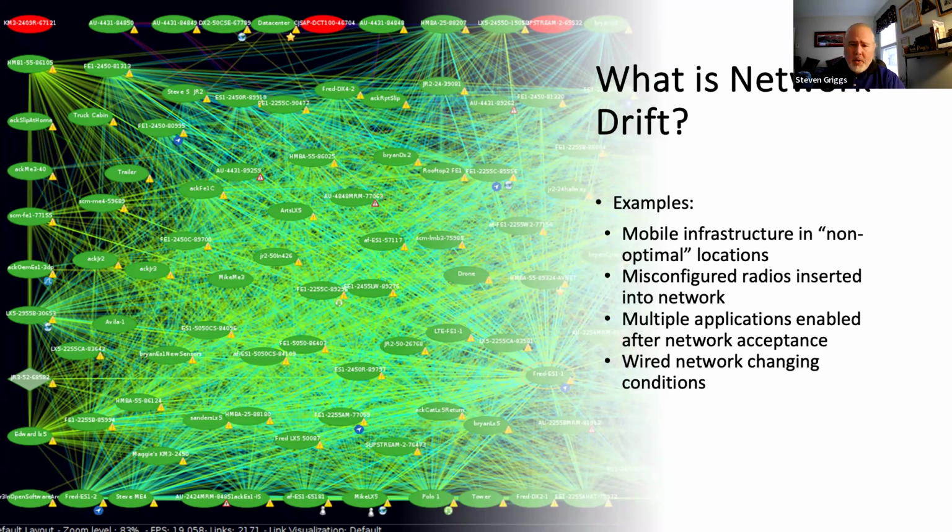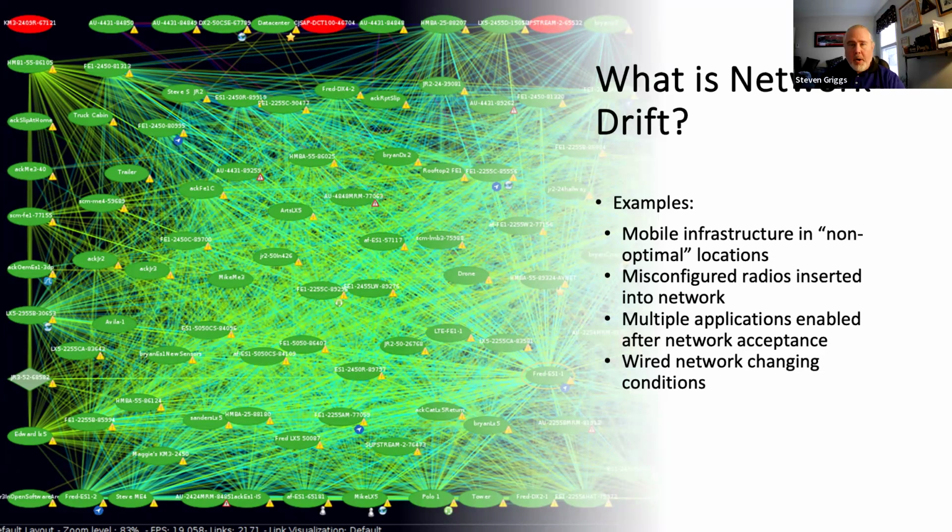But what is network drift? Your network is going to be impacted by mobile infrastructure movement and placement in non-optimal locations. You're going to find that over time, with the number of hands in the pie or fingers in the pie, you might have some misconfigured radios that have slipped into the network.